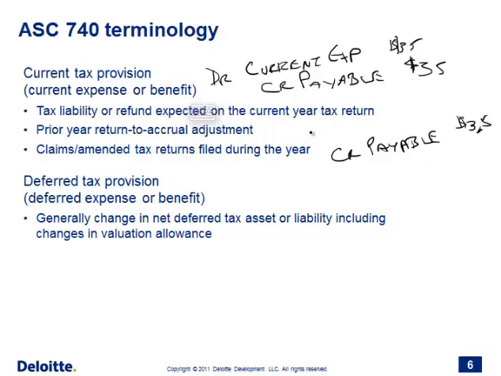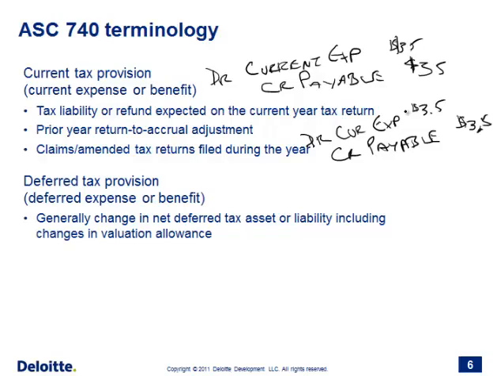So remember, within that $100 of book income, it included a deduction or an expense that's not currently deductible. So for tax purposes, I'm really going to be paying tax on $110 of income currently. So I need to increase my payable by 3.5, and that's going to increase my current expense by 3.5. So now I'm going to owe with my tax return the sum of 35 and 3.5, or 38.5.